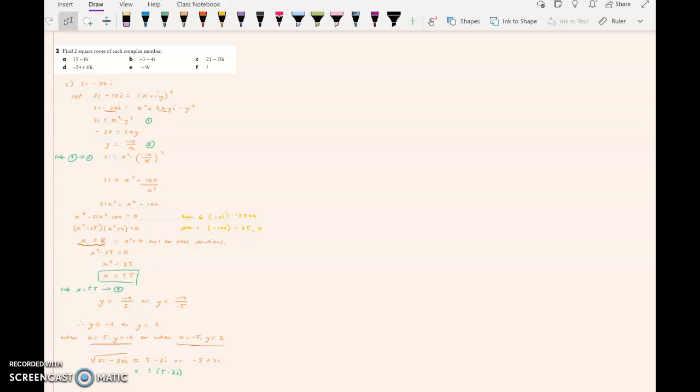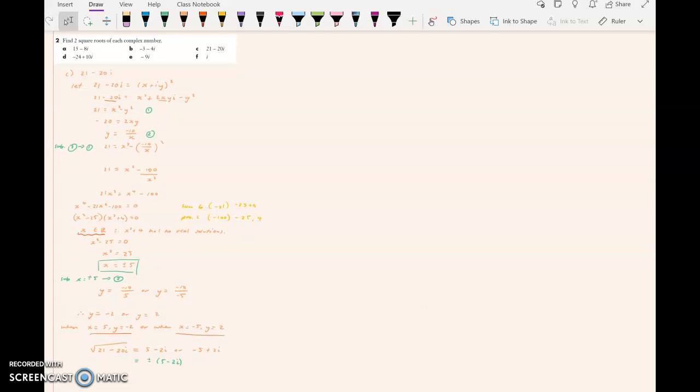I equated the real parts, and then I used the substitution method to solve for x, and I ended up with two solutions. And I had to establish that at that point there, only one of the solutions was valid, because when I equate real parts of a complex number, I'm stating that x cannot take on imaginary values.